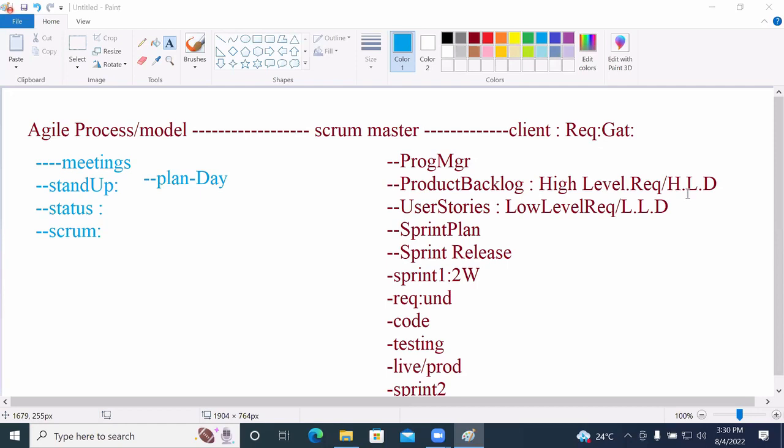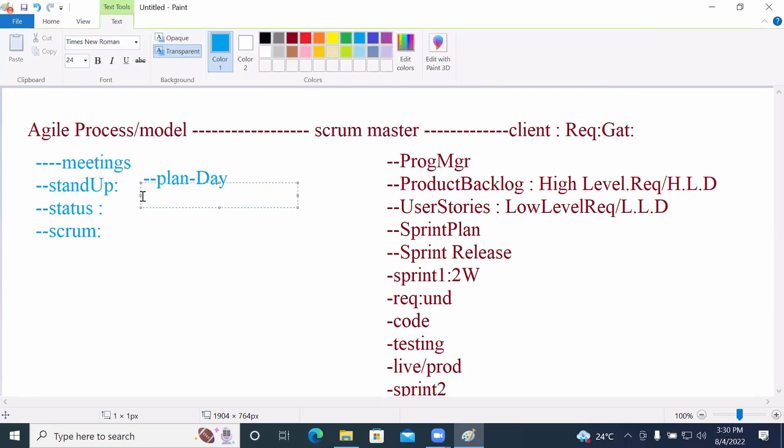That information is provided as part of the stand-up meeting. In the stand-up meeting, you will have the discussion of the plan for the day. On that particular day, what is the work you have to perform?